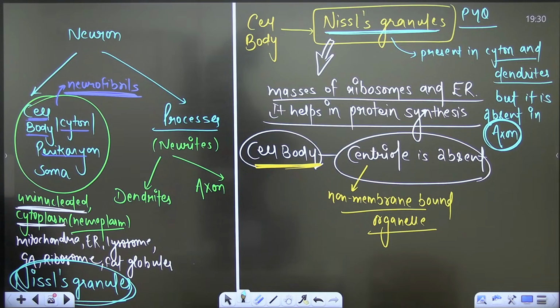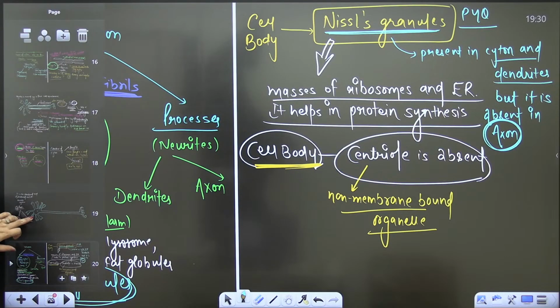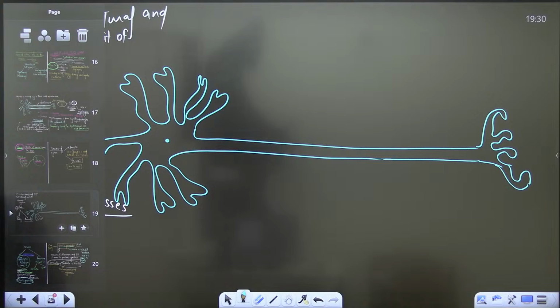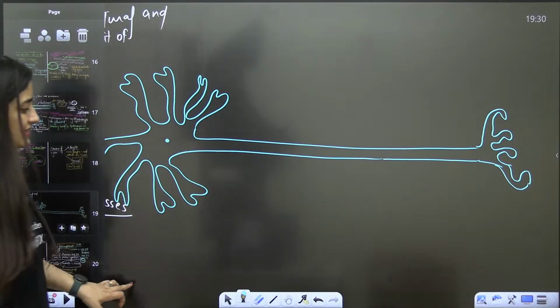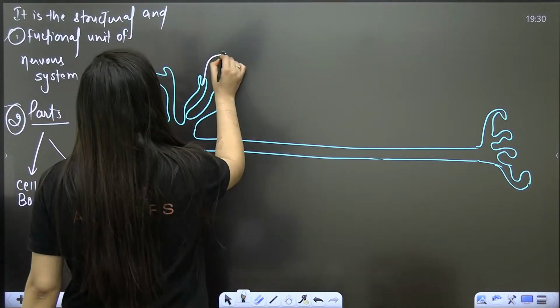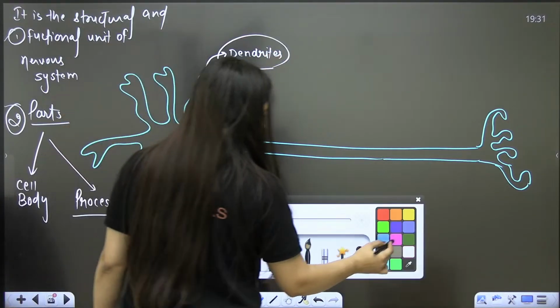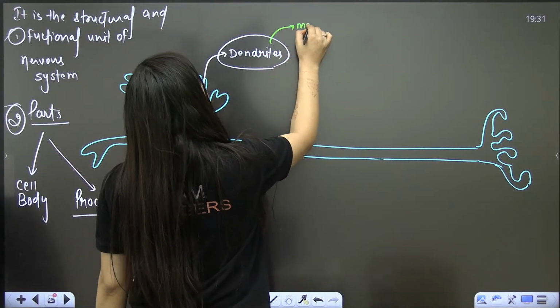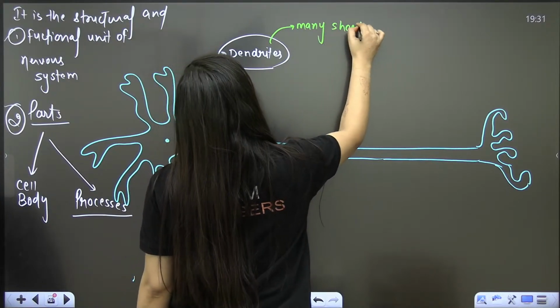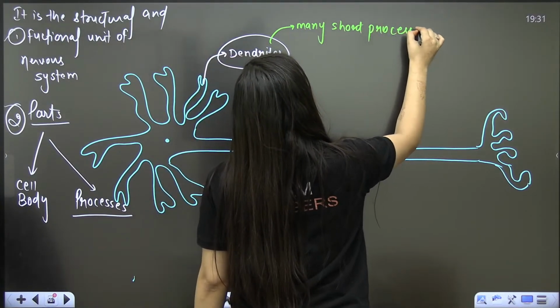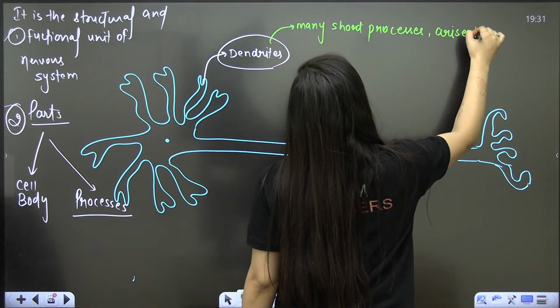So let's talk about the dendrites. There are many short fibers or processes that arise from the cell body.